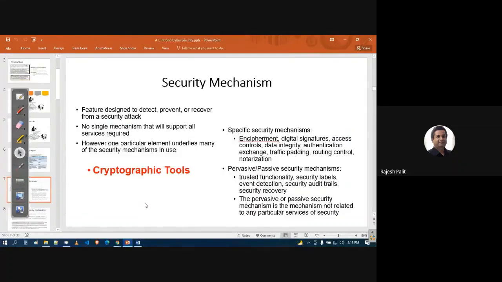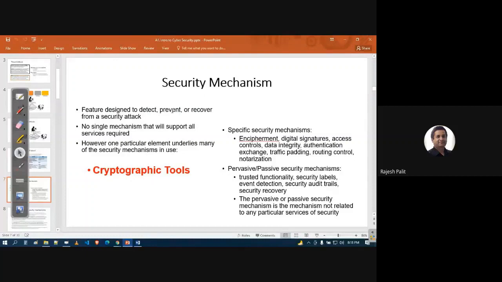Then the security mechanism. Security mechanisms are made of cryptographic tools, features designed to detect, prevent, or recover from a security attack. If we can prevent an attack, that is good.